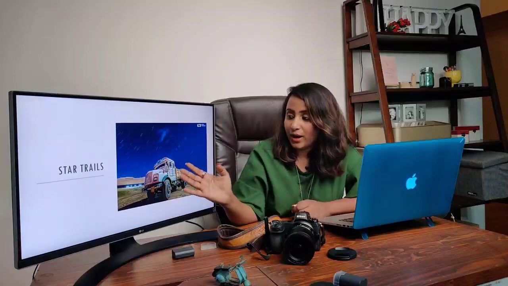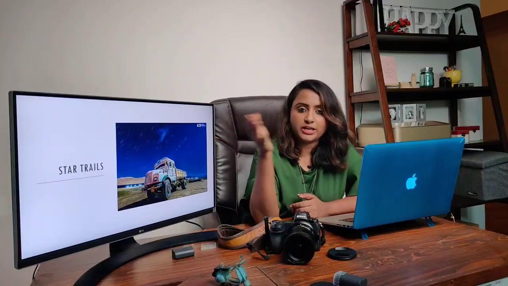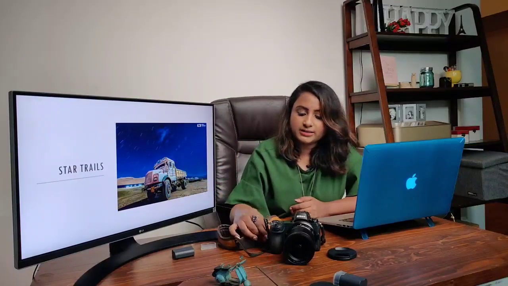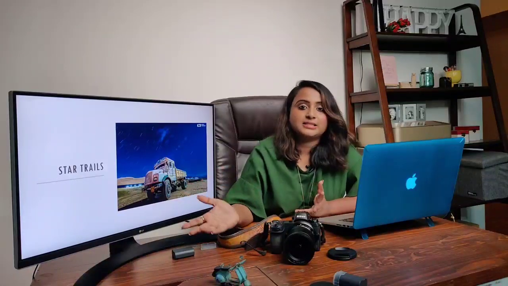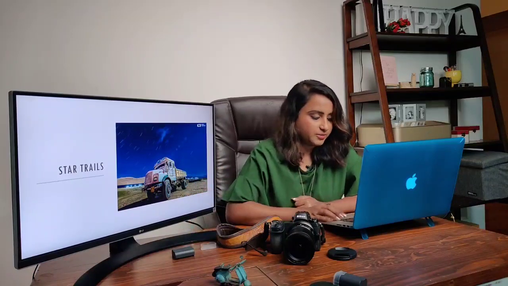So here's one example of star trails, where when you set a long exposure, the relative position of the stars changes, and you get nice light trails because of that. It's a really popular technique in landscape photography and night photography, and that is something again you can achieve with longer shutter speeds.